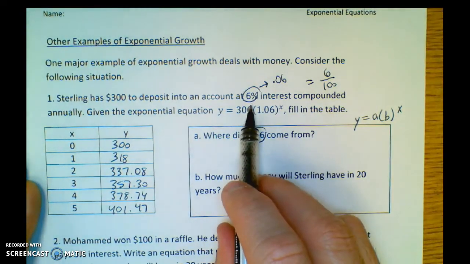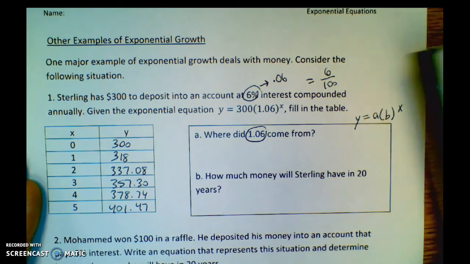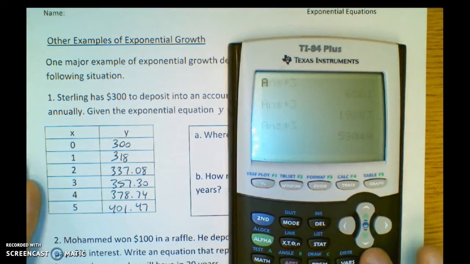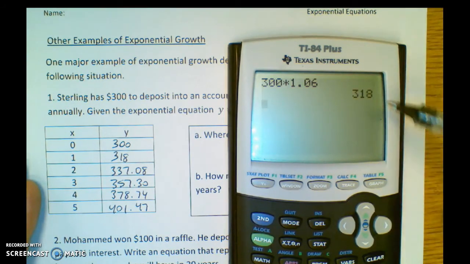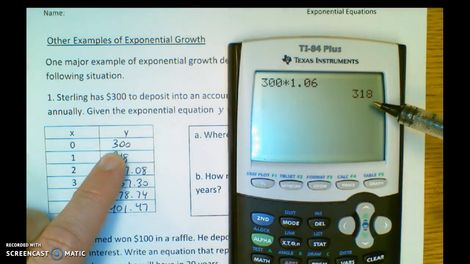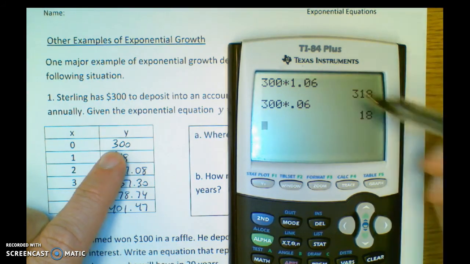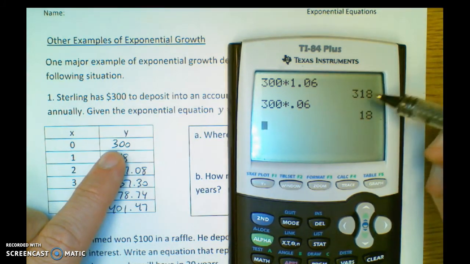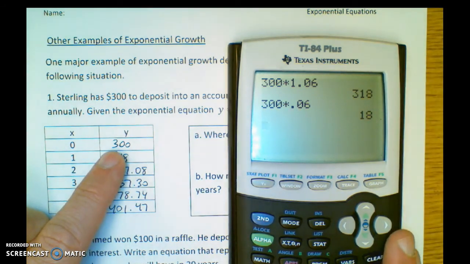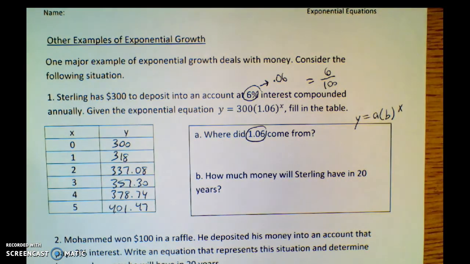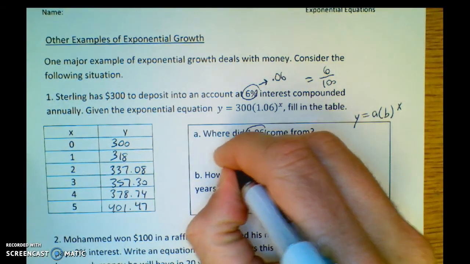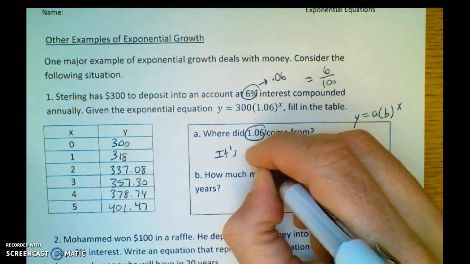So where does 1.06 come from? 1.06 comes from the fact that if you take your initial value and you multiply it by 1.06, that adds in the interest that you earn on your investment. So if I take 300 and I just multiply it by 0.06, it's $18. What putting the 1 in front of it does is it adds it back into your original value. So this is kind of a tricky concept, but we're going to keep working on this. That's where that 1.06 comes from. It's the rate.